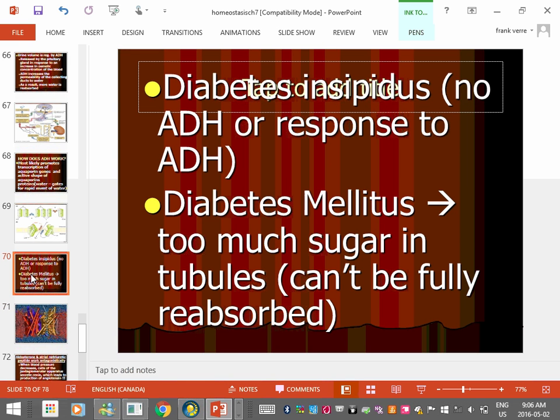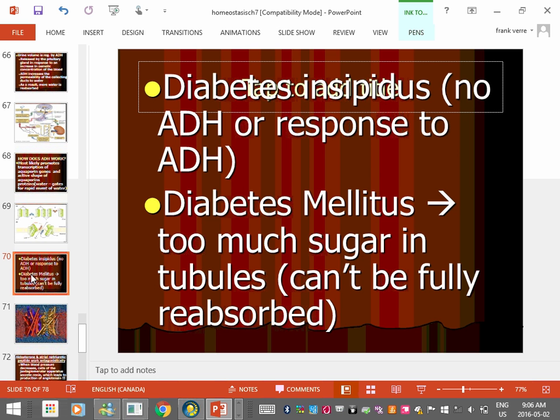Okay, so let's talk about things that can affect the reabsorption of water, okay, or salt. Because now we have an idea of how the kidneys work, right? It works based on two principles, osmosis and what? And diffusion. We talked about how the kidneys work, so now see if we can understand maybe some complications. All right. If you have type 1 or type 2 diabetes, right, one of the signs is going to be sugar in your urine.